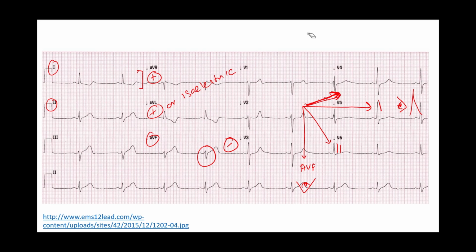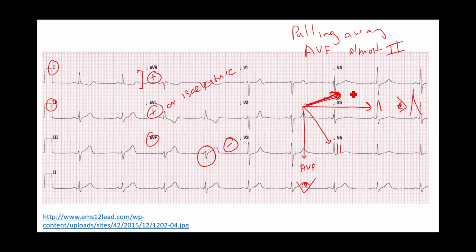So this axis, or the direction of ventricular depolarization, is pulling away from AVF, and it's almost, but not there yet, pulling away from 2 as well. Because 2 is isoelectric, we can still call this a normal axis. And what does that mean?